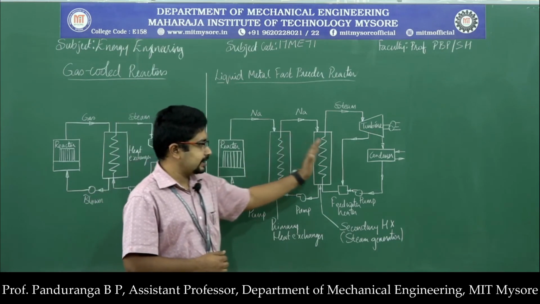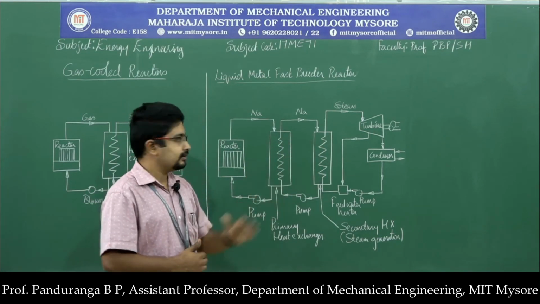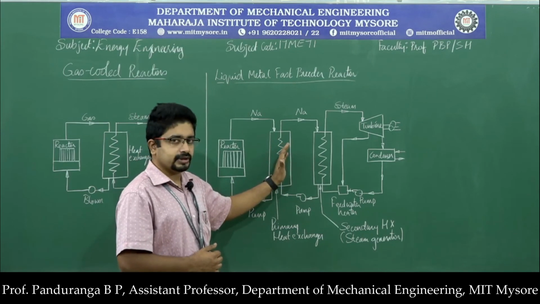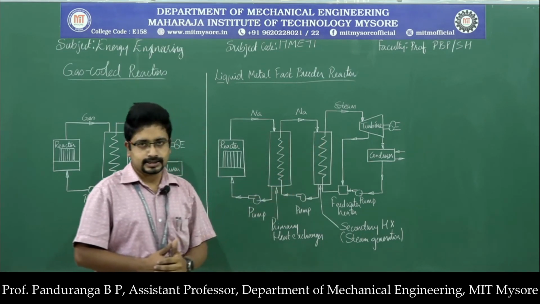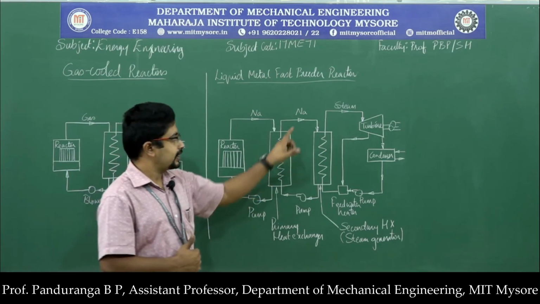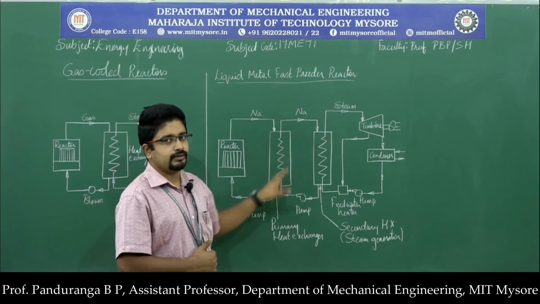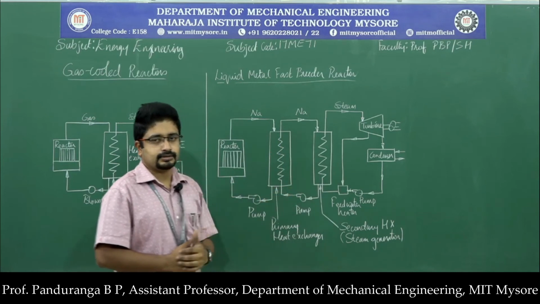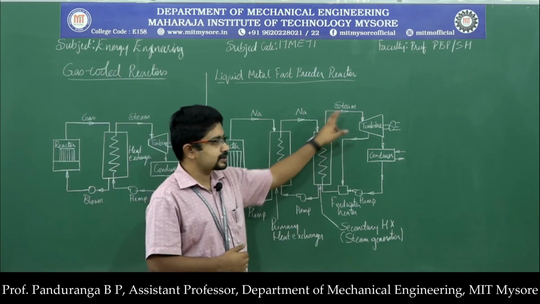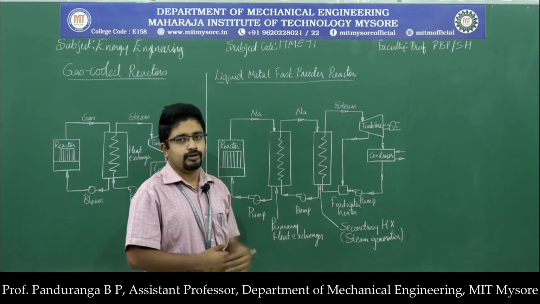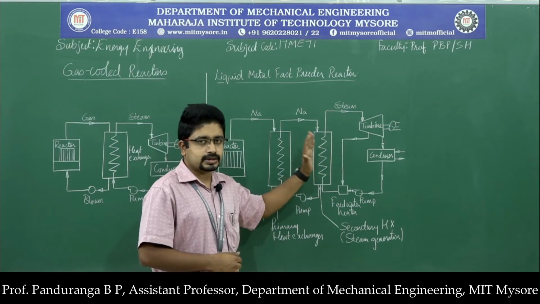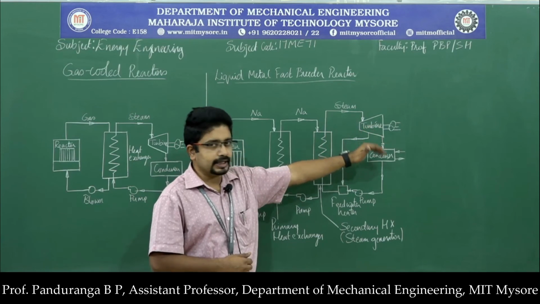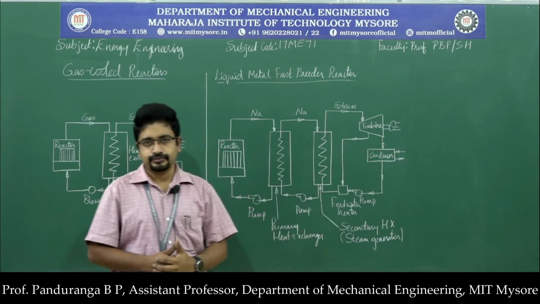Then we have the secondary circuit, between the primary heat exchanger and the secondary heat exchanger. Again, here we have liquid metal, which is sodium, flowing through this circuit. And then we have the last circuit where we have water, between the secondary heat exchanger or steam generator, and the turbine and condenser.